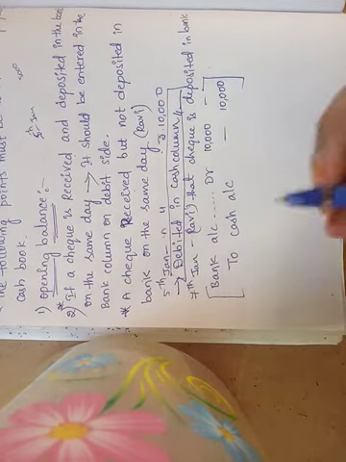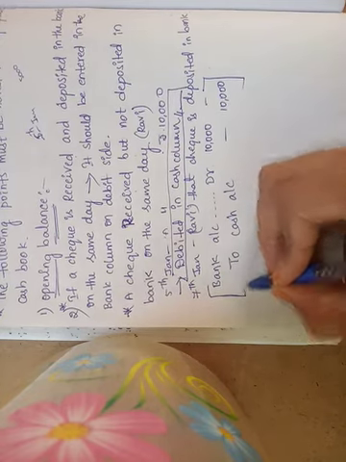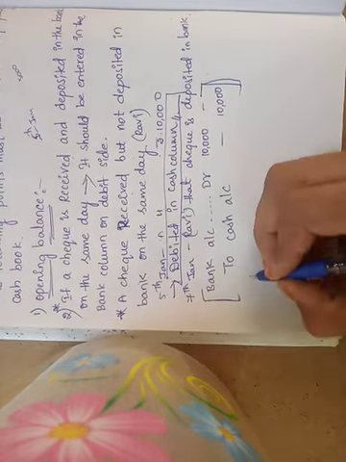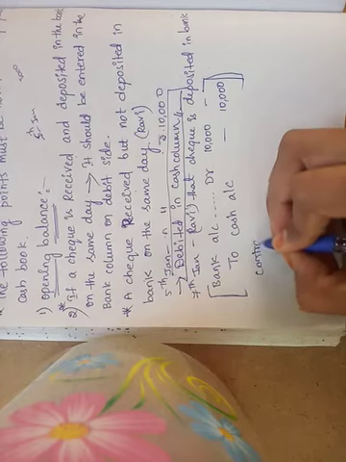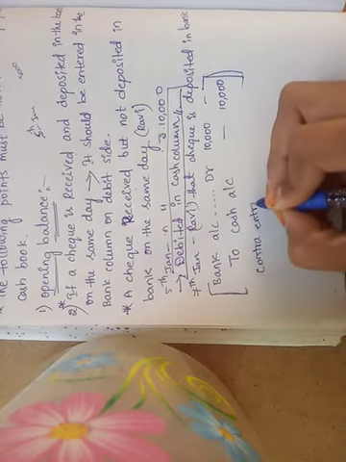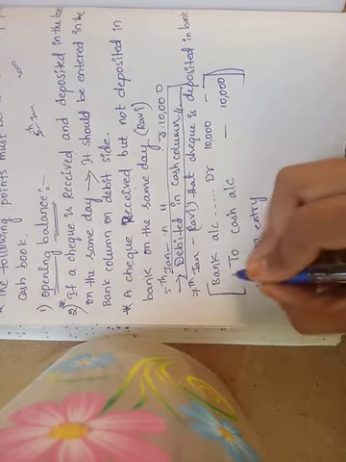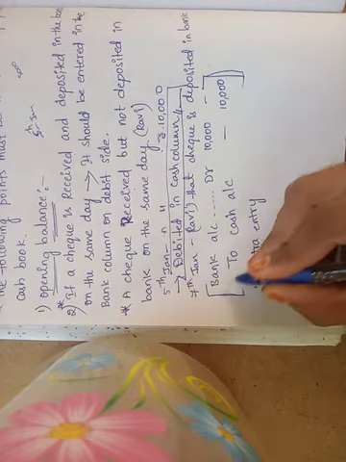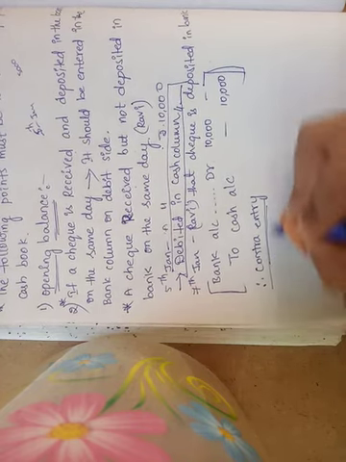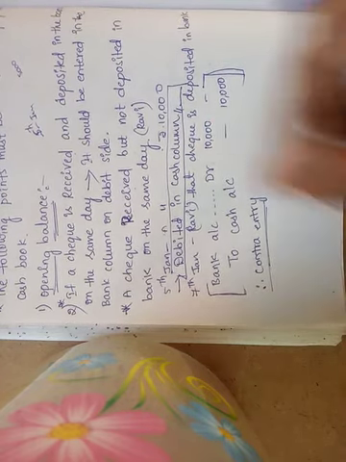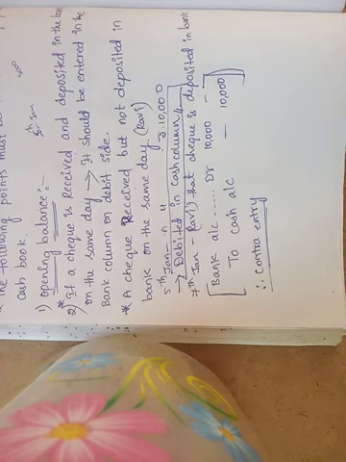Now see here. This type of entry is known as a contra entry, as when a check is deposited into the bank.